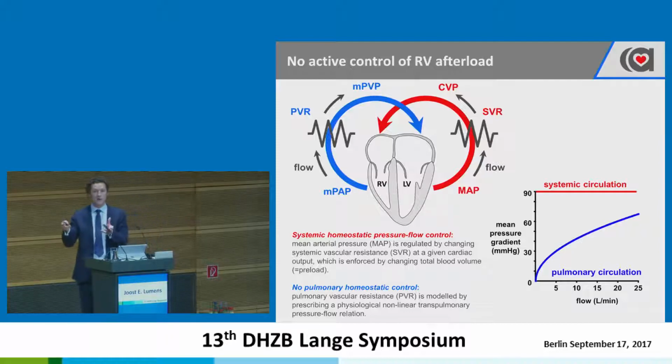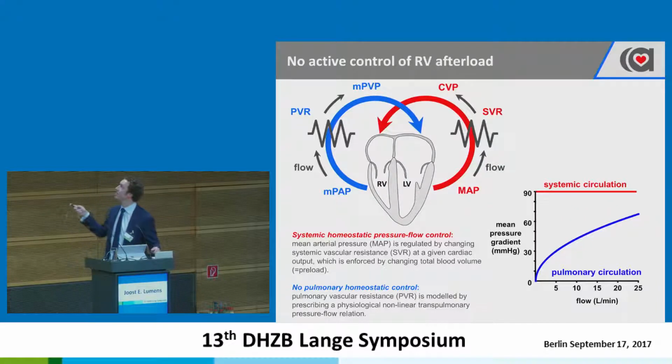What we all measure clinically is actually something different. We measure one point here because we use mean pulmonary artery pressure divided by cardiac output, and that's PVR in Wood units. This is one point, and that assumes linearity going through 0. So that's why we all think that with increasing exercise, PVR decreases.